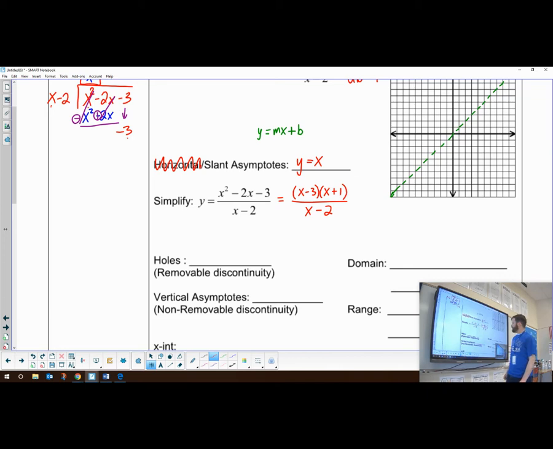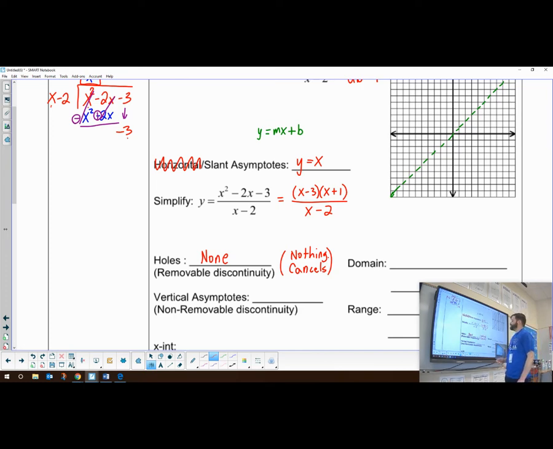Okay, so I don't have any holes because nothing cancels. So since nothing cancels, I have no removable discontinuity. So I have no holes. We only have asymptotes, so no holes. Okay? All right.